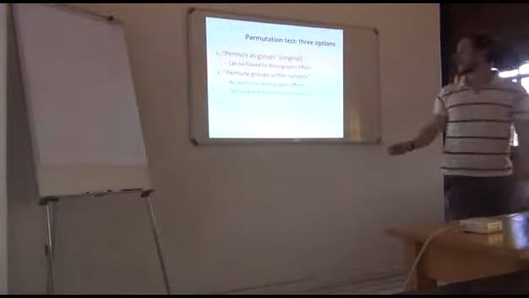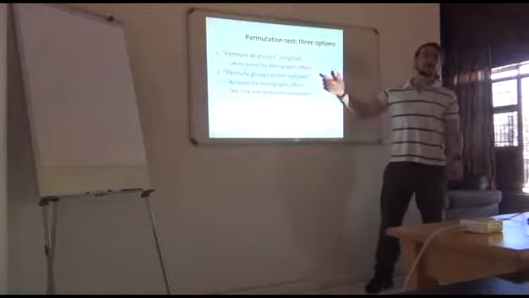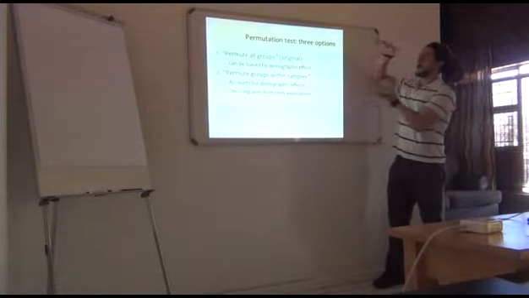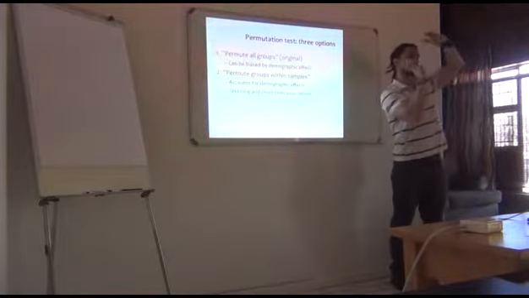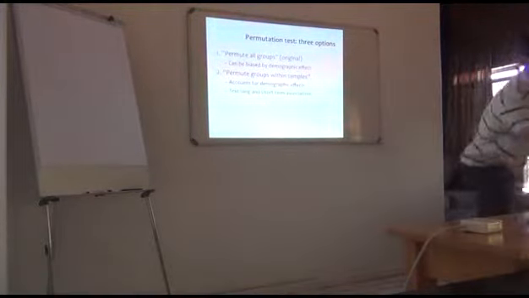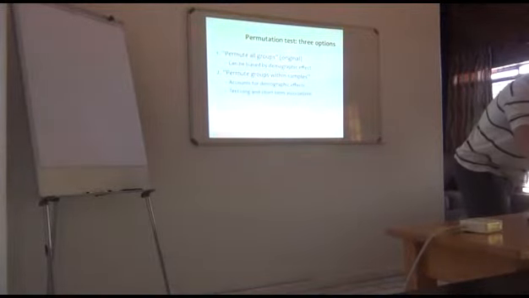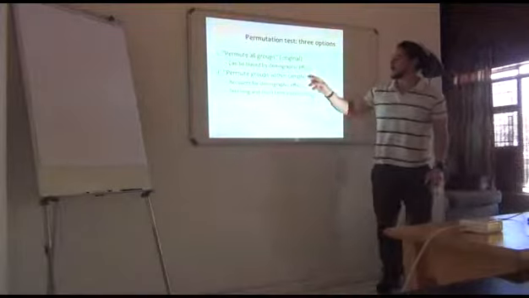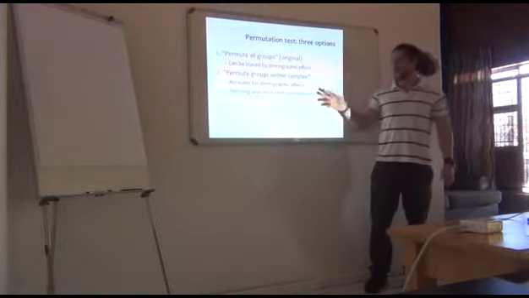And the other one is permuting groups within samples. So if you know your sampling periods, you will only make the permutations within that chunk of the matrix. There's a slide to explain that. And it allows us to test long-term and short-term association.